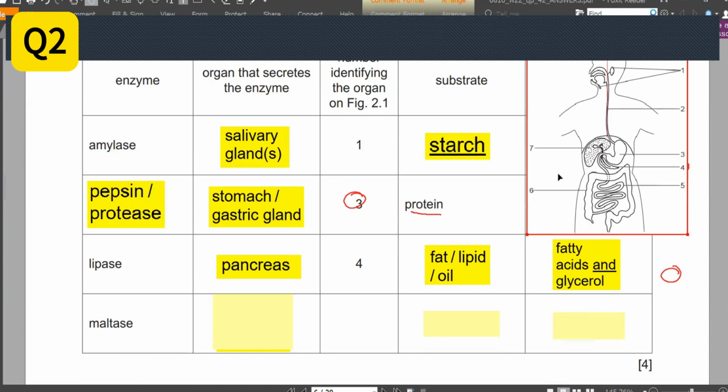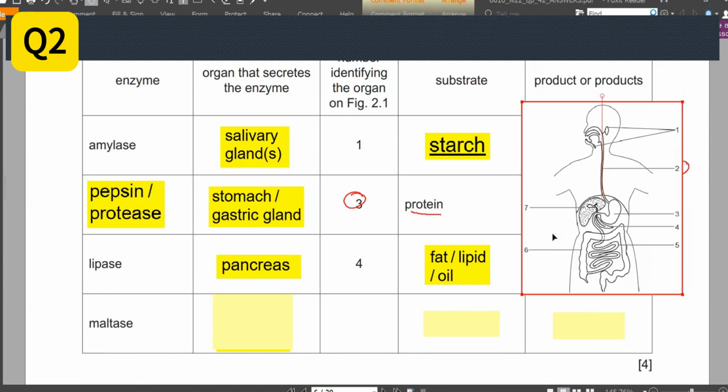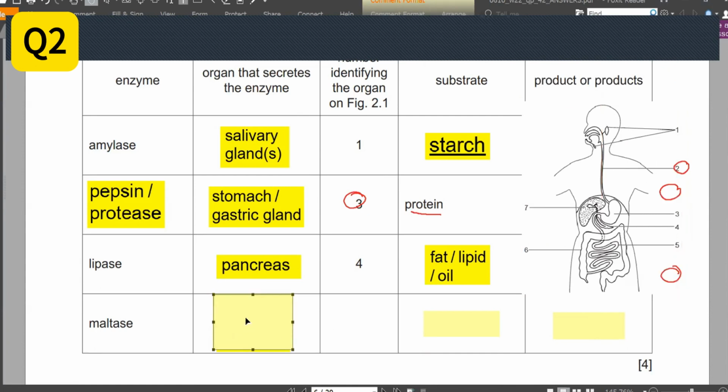Next, here we focus on, okay, what are we focusing on? This one. We have maltase, the organ that secretes the enzyme, small intestine. So the number will be 5 here, straightforward.